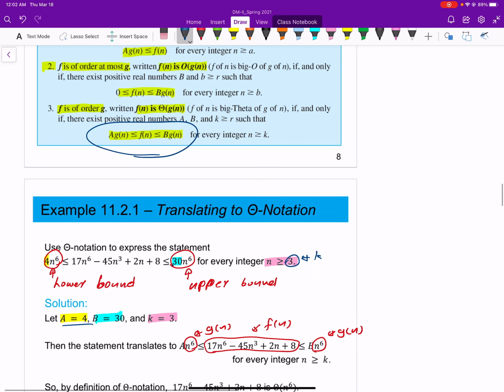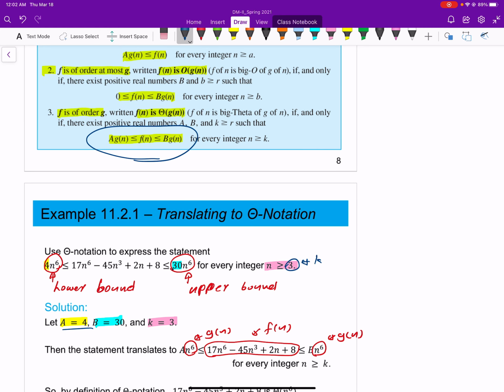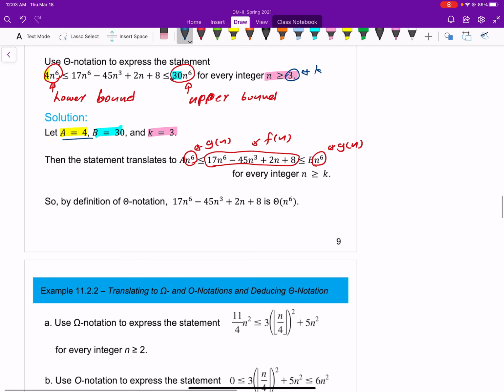So the order of f is actually g. That means the order of f(n) is g(n), and we write it as f(n) is theta of g(n). That's right here.